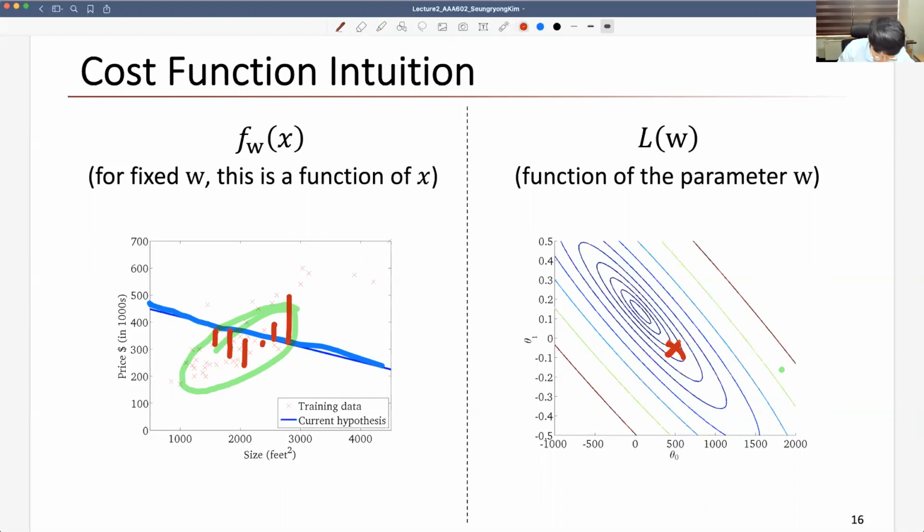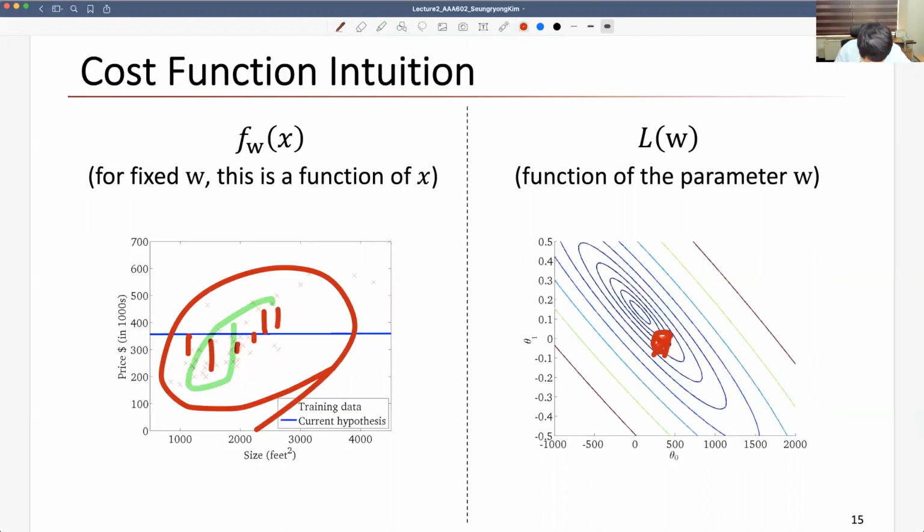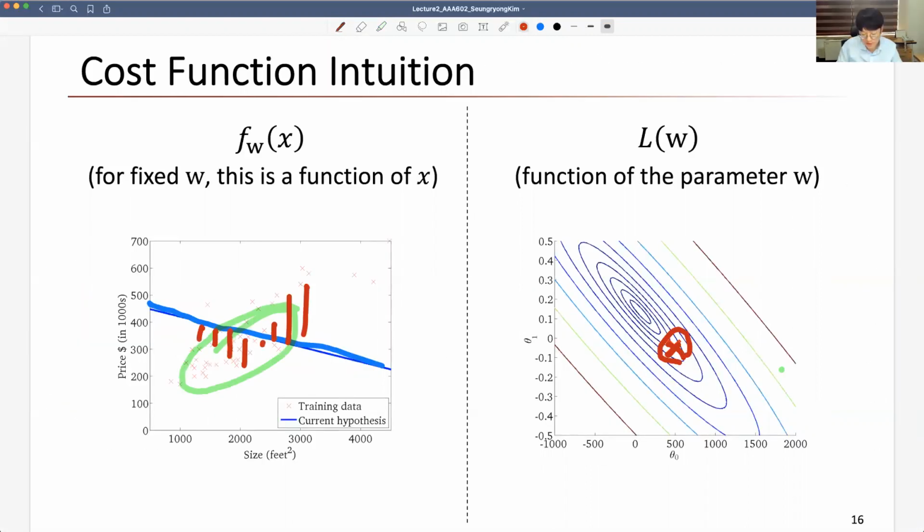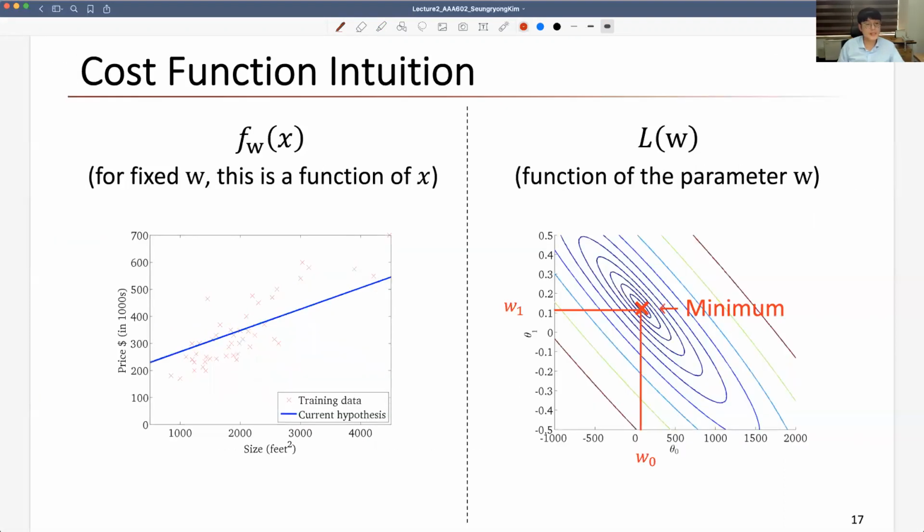This error, the summation of the error, which is the loss value at this point, might be similar to this one, right? Because this is a similar point. What about this?